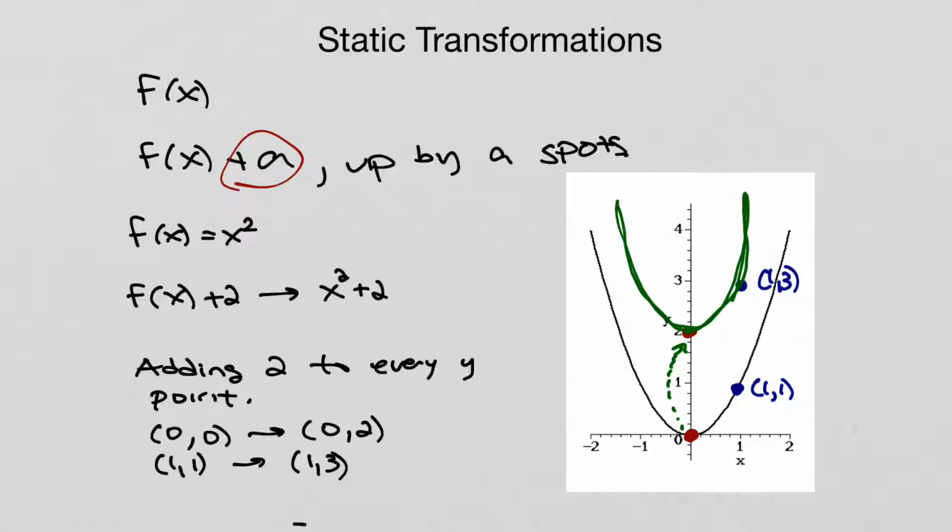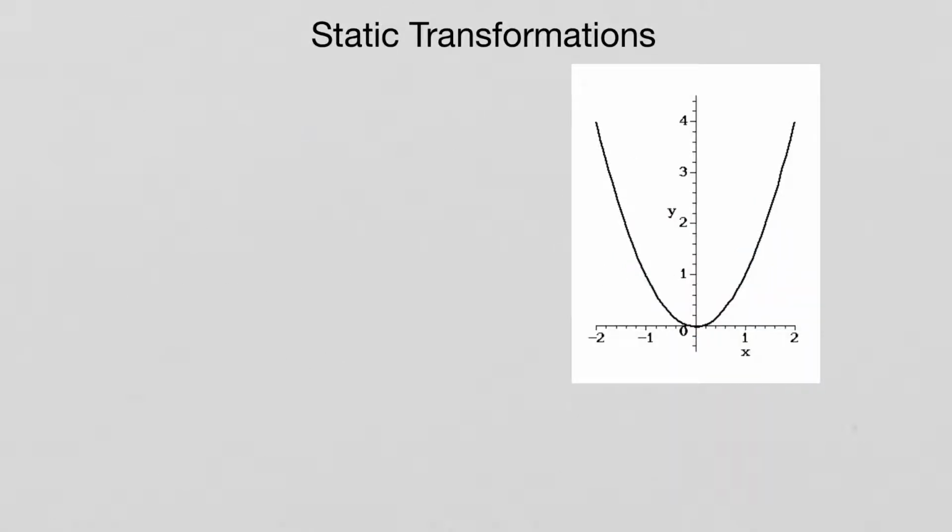Let's see what's going to happen when we start subtracting numbers. Okay, so here's our function again. f of x equals x squared. Let's change this around a little bit and make this f of x equals x squared minus 1. Okay.